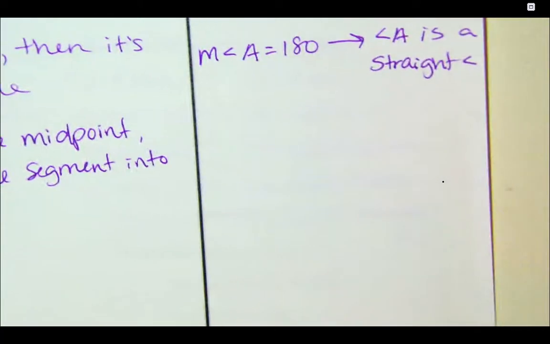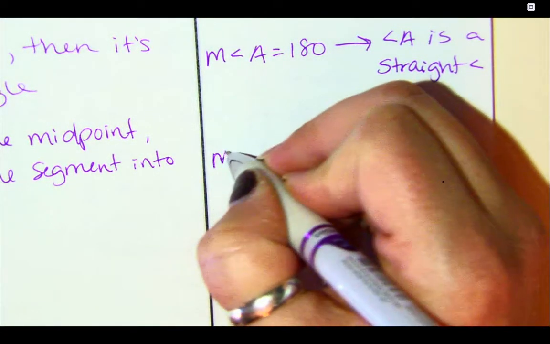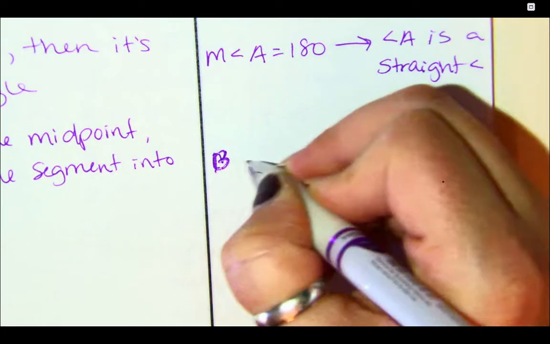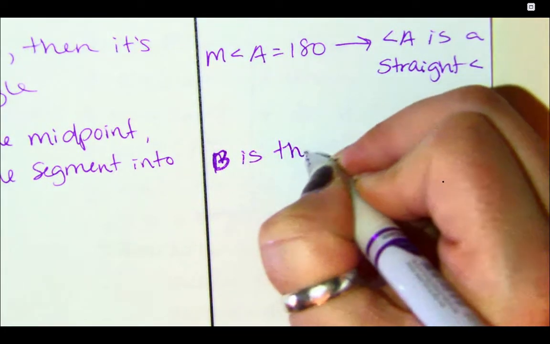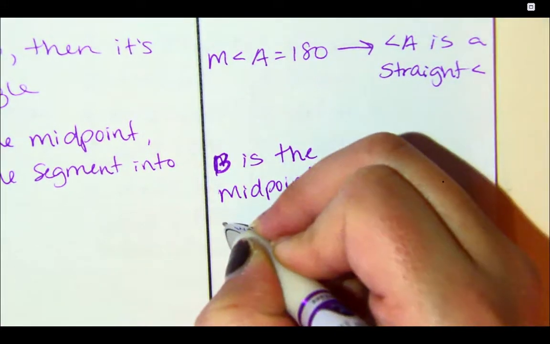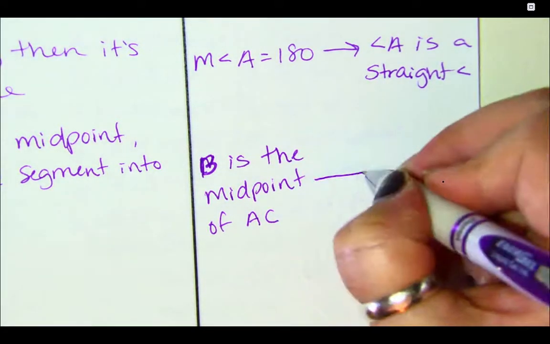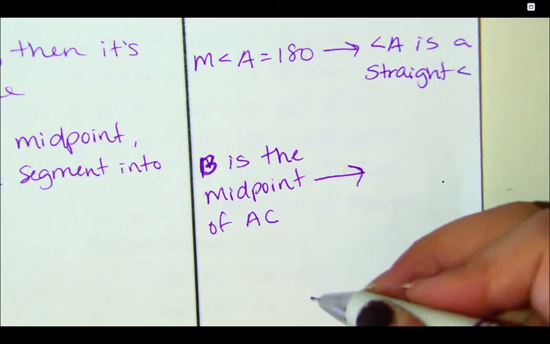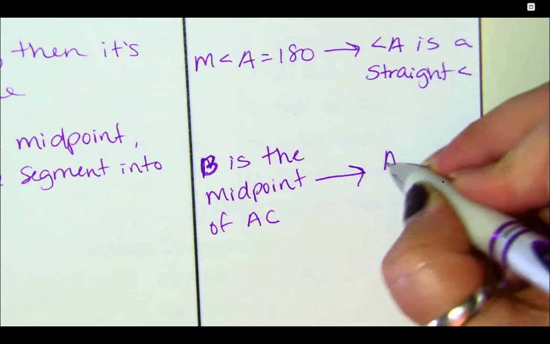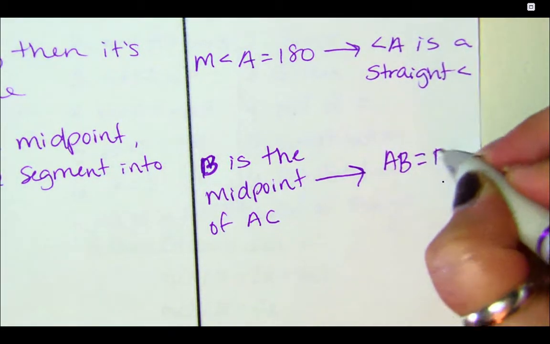So, for example, if it said, I'll use the same letters, B is the midpoint of AC, then you could say that AB equals BC.